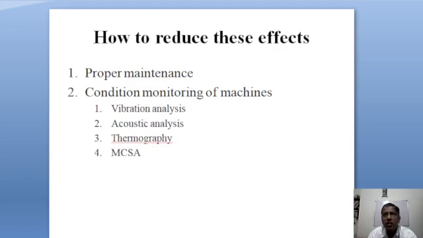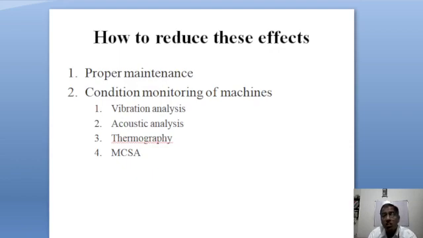High precision machines have to be maintained at frequent intervals, and low precision machines at longer intervals. Like that, a proper maintenance chart has to be prepared. Some preventive and some predictive maintenance strategies are to be implemented so that the life of the component or the machine can be prolonged.